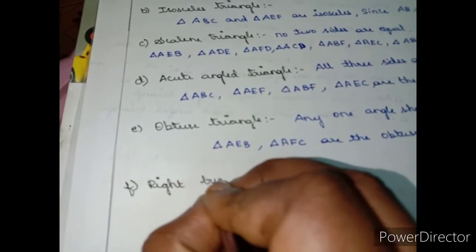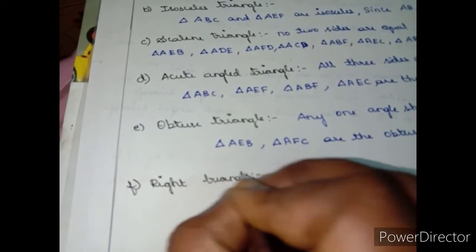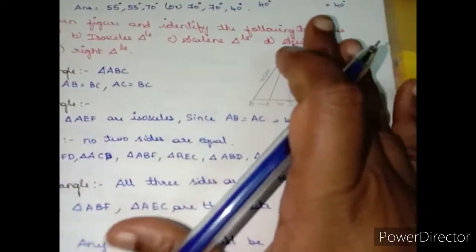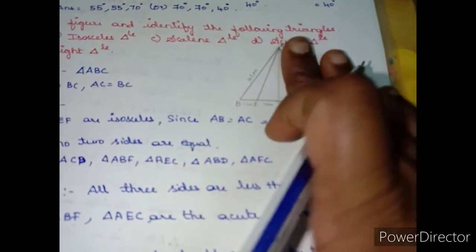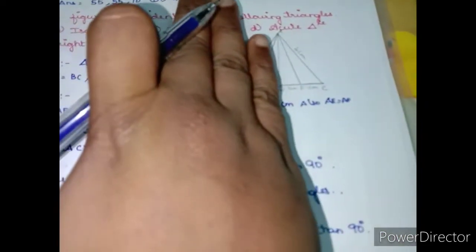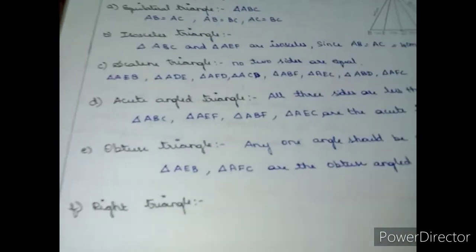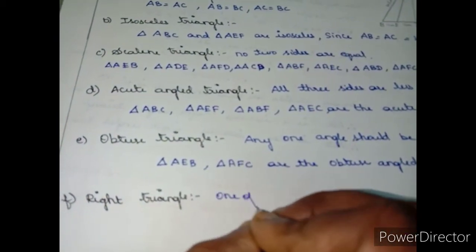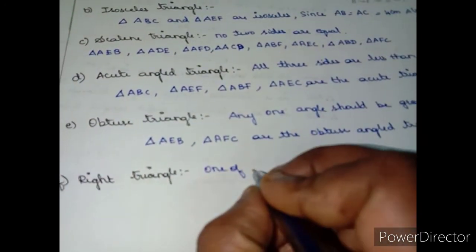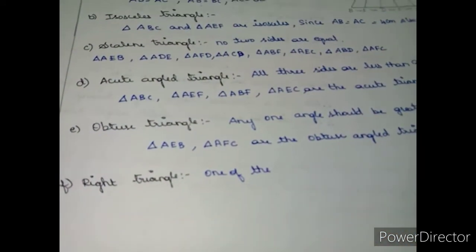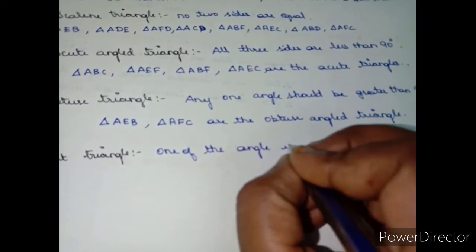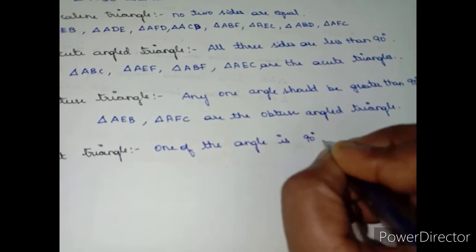Okay, so the next one is the right angled triangle, the last one. So if you see in a right angle triangle, it's very simple. We have already seen. If you close this, then this is a right angle triangle. If you close this, then this is a right angle triangle. So in a right angle triangle, one of the angles is 90 degrees.